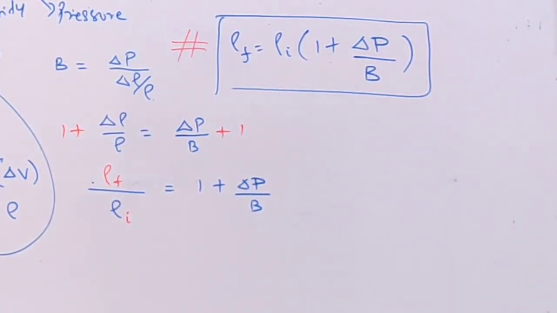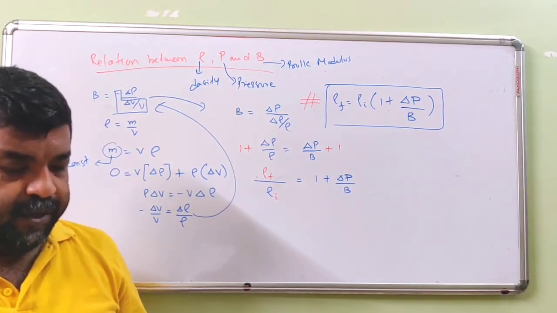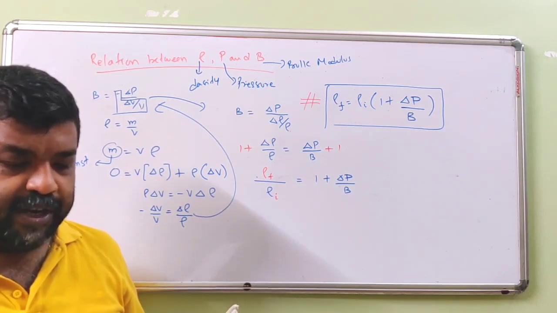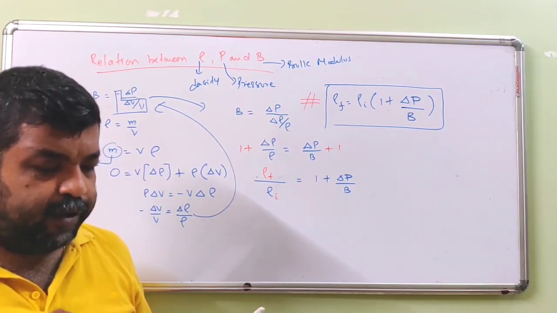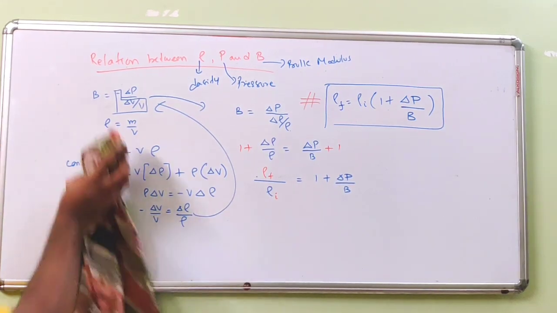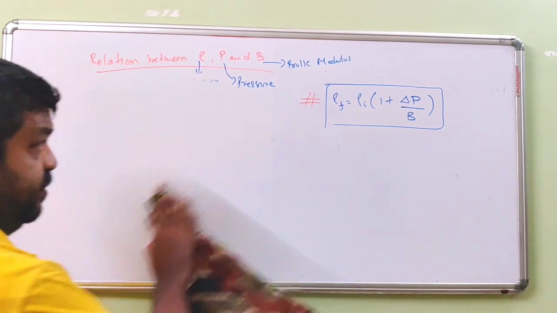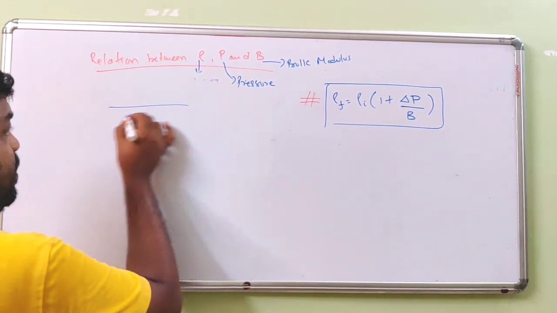Why am I saying this is an important relation? Because if you go through your NCERT question 9.13, what is the question? What is the density of water at a depth where pressure is 80 atmosphere, given that its density at the surface is 1.03 into 10 power 3 kg per meter cube? So this question involves the concept we have just discussed. This is the water level.